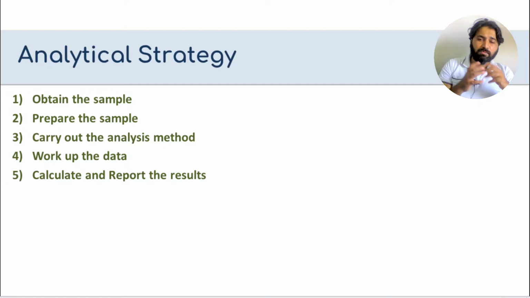The third one is the analysis method, that is, which analysis method is appropriate for that sample. This is the basic main strategy while you are working with analysis: which method to use to analyze the sample, right?